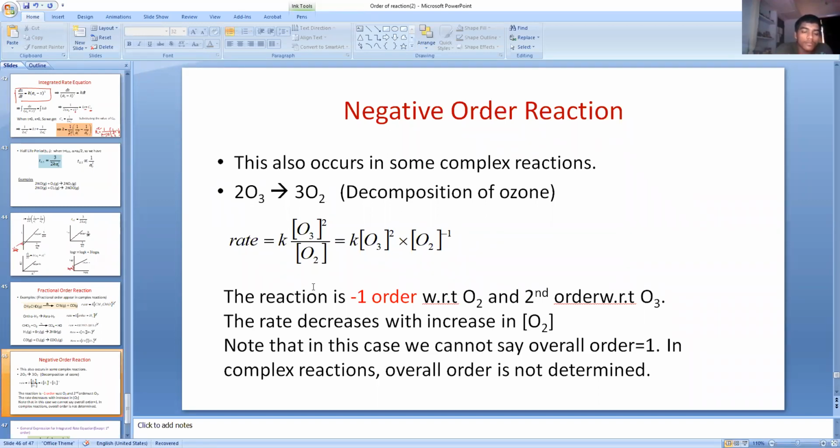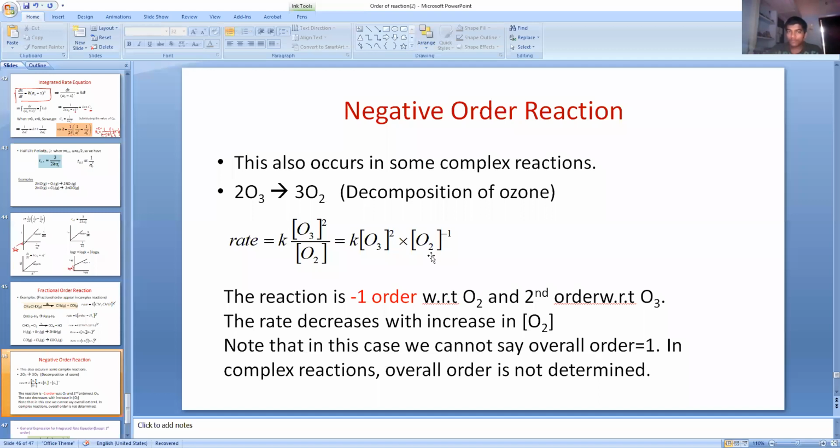But the rate law requires the right-hand side. Rate is the left-hand side, experimentally determined, and the order is on the right-hand side: K into something, and that something will carry the powers. The powers are orders. Sometimes in a complex reaction, the product concentration might also appear. Here, in the decomposition of ozone, whose mechanism we shall study while deriving the rate law, the concentration of product comes in the denominator.